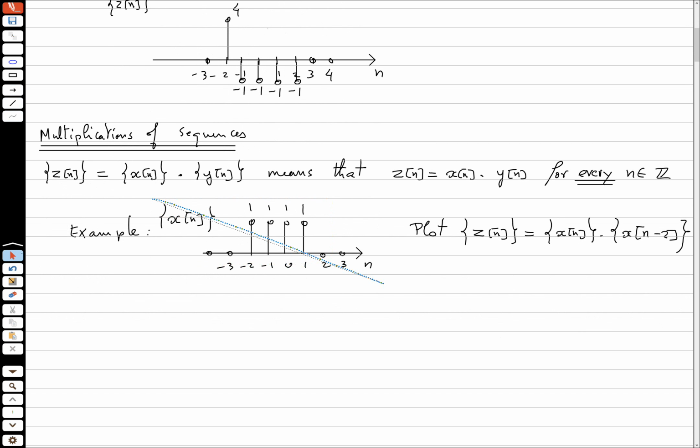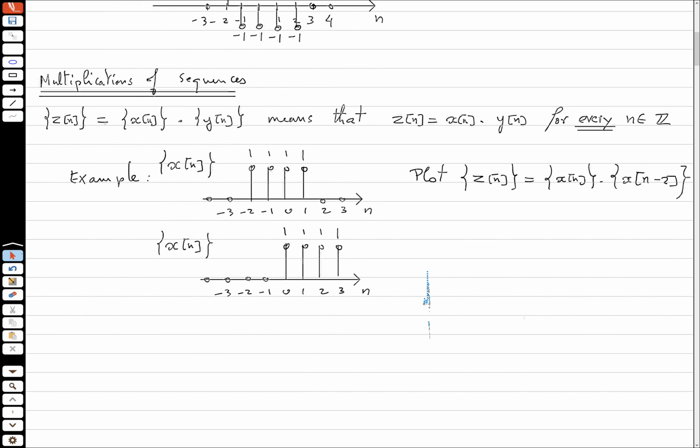What is x of n minus 2? It is this shifted by 2 to the right. So you get this. So this is x of n minus 2.